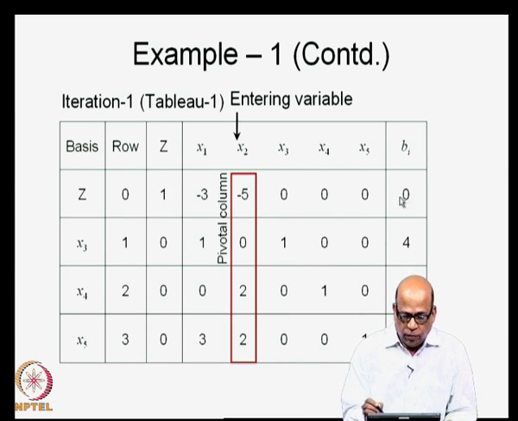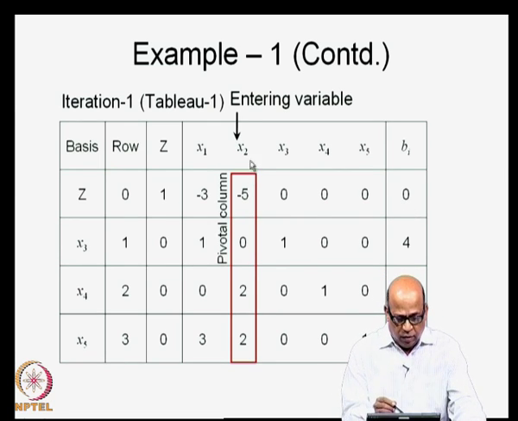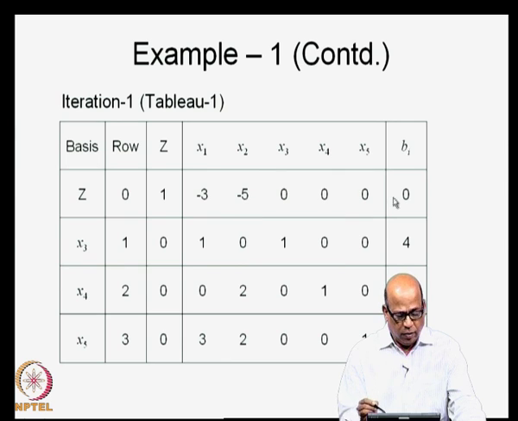For that, you calculate bi by aij values. Here j denotes the variable and i is the row. So, bi by aij means the right hand side value of the ith row divided by the coefficient of the jth variable, where the jth variable is the entering variable. We calculate this only whenever the values are positive.